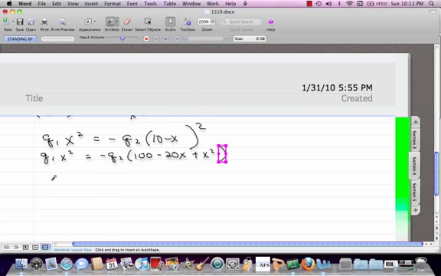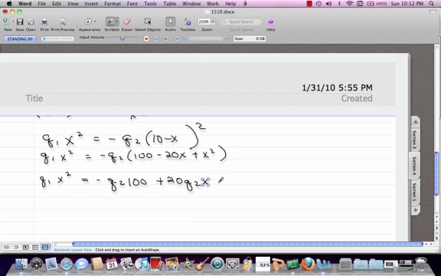Okay, and so now q1 x squared is equal to negative q2 times 100 plus, notice there's a negative and a negative, so that'd be plus 20 q2x minus q2x squared. So now I want to put the x squareds together.